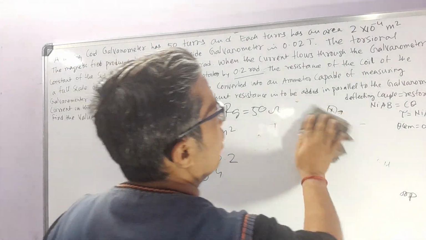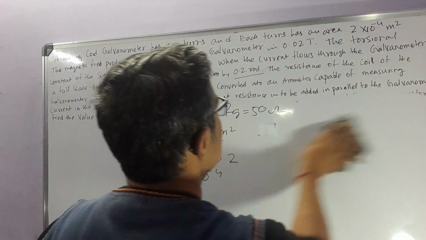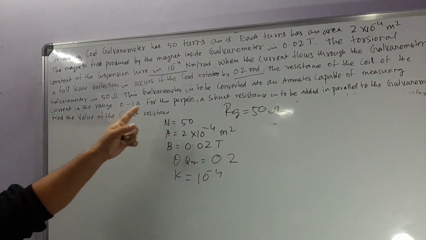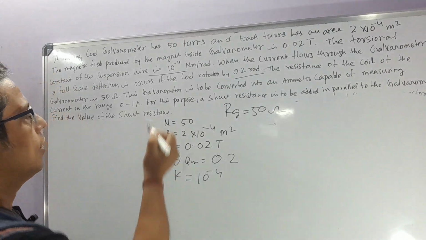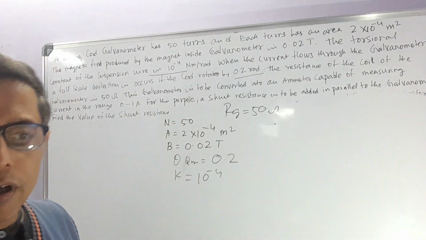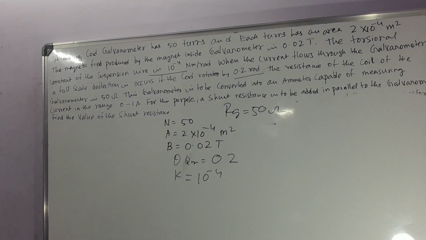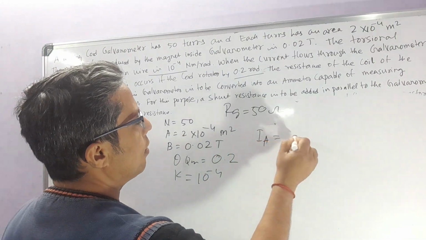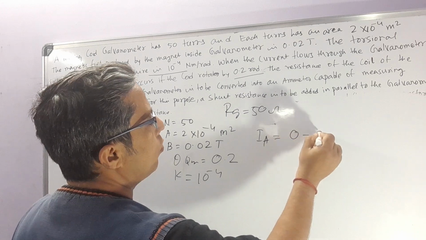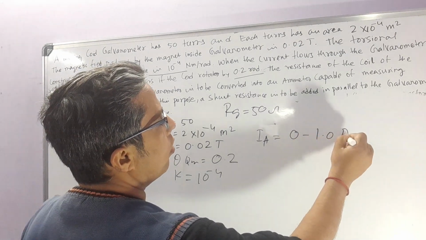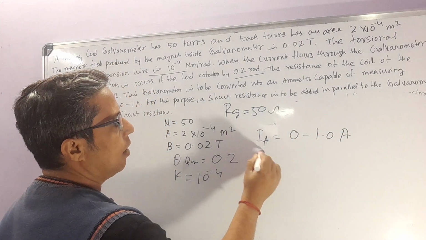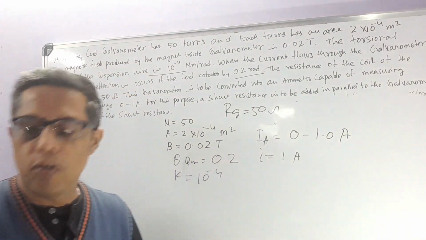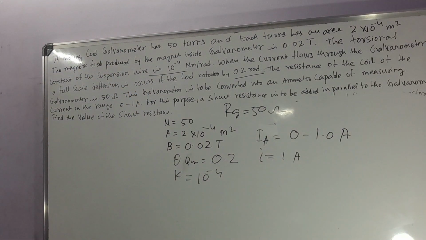Fine. What next parameter are we getting? The galvanometer is converted into an ammeter. So this galvanometer we are going to convert into an ammeter, and the range of the ammeter is 0 to 1 ampere. So the max current will be 1 ampere here.